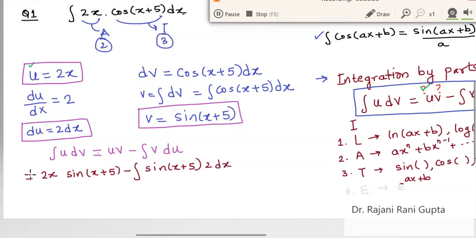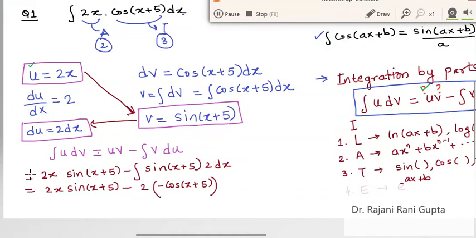So we use the value of u times v minus integral of v times du. So this is equal to, now the first term is already integrated, so no need to change, keep it the same, 2x sine(x plus 5), minus, now 2 is a constant, we take it outside, and the integration of sine will become minus cosine(x plus 5).